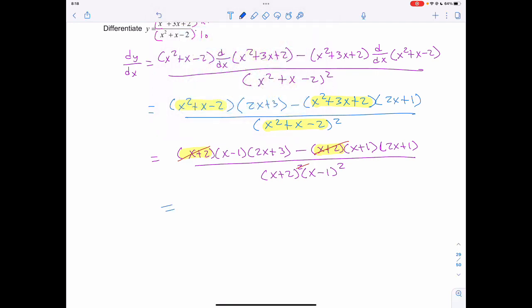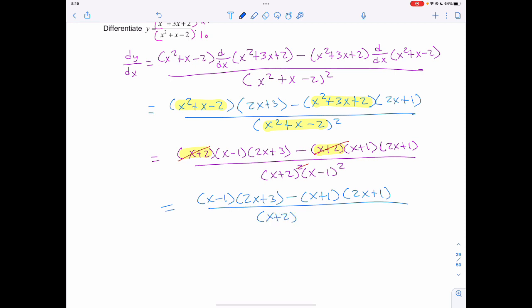That's going to leave me with x minus 1, 2x plus 3, minus x plus 1, 2x plus 1, all over x plus 2 and x minus 1 squared.